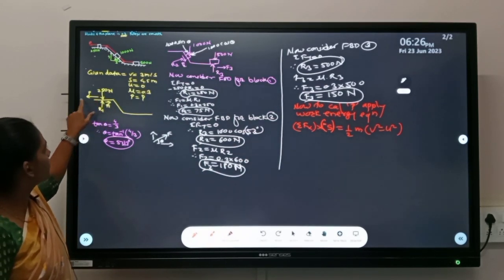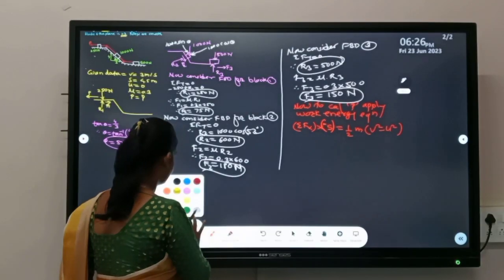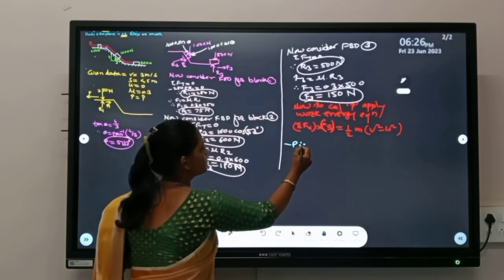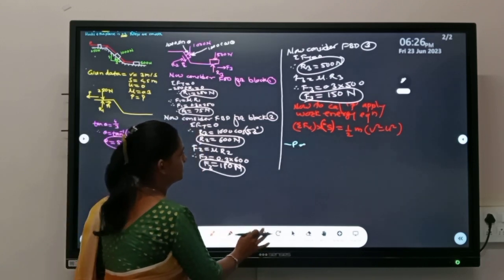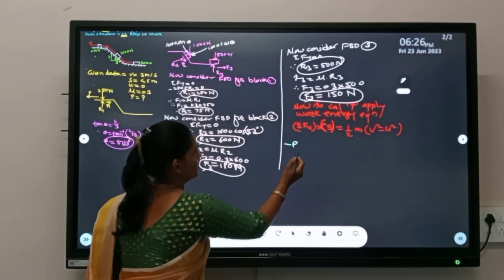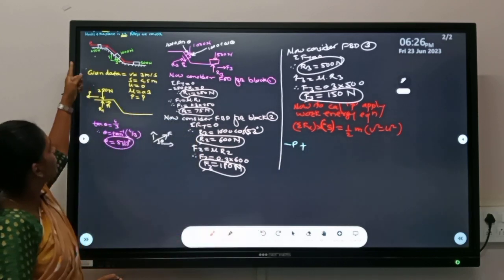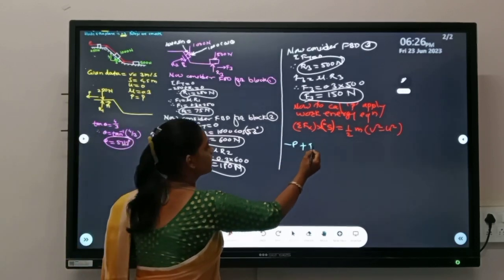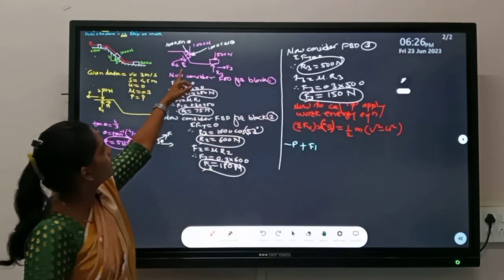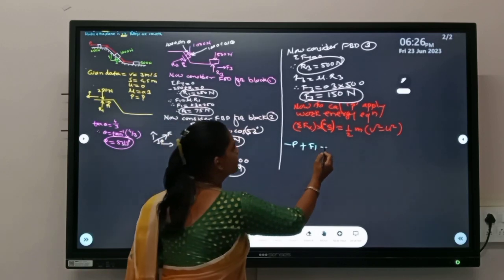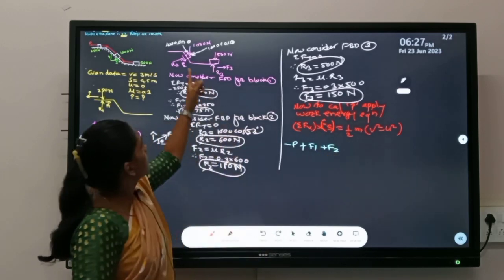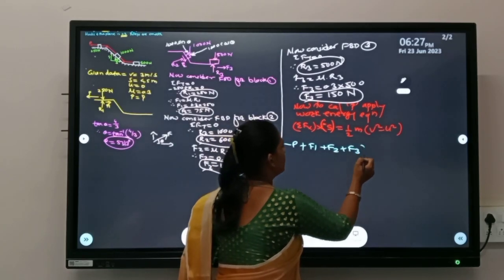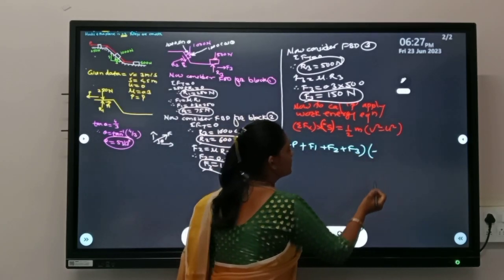If P is going towards the left hand side, so minus P, then F1 is going towards the right hand side, so plus F1, then plus F2, then F3 is going towards the right hand side, plus F3, into displacement, which is given as minus.